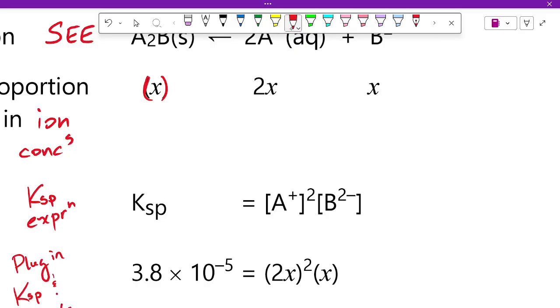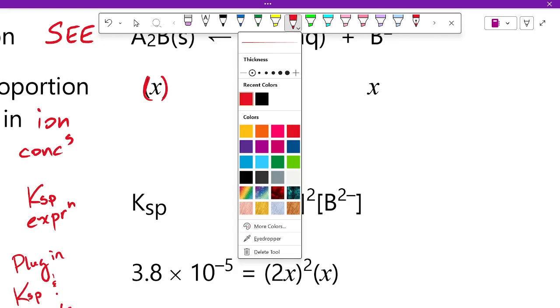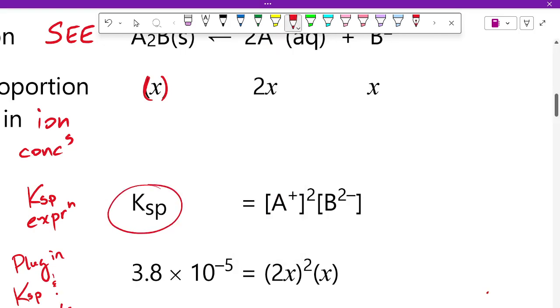Where do we find the value? Either in the question or the data booklet.